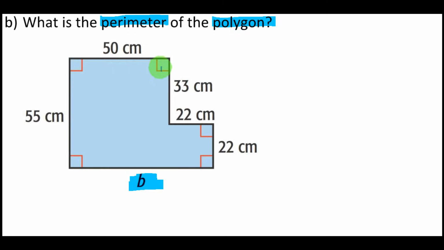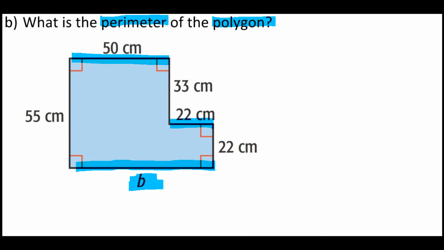I see that there are right angles in all of our corners. So what I want to do is just look at this side, and I'm going to highlight it. It's 50 centimeters in length. If I were to pretend that this side length is connected to the side length that's 50 centimeters, and I attach 22 centimeters to it, it should give me the same length as side B. They look to be the same length.